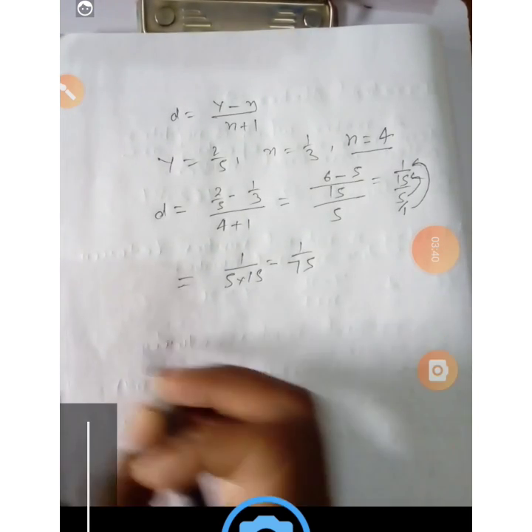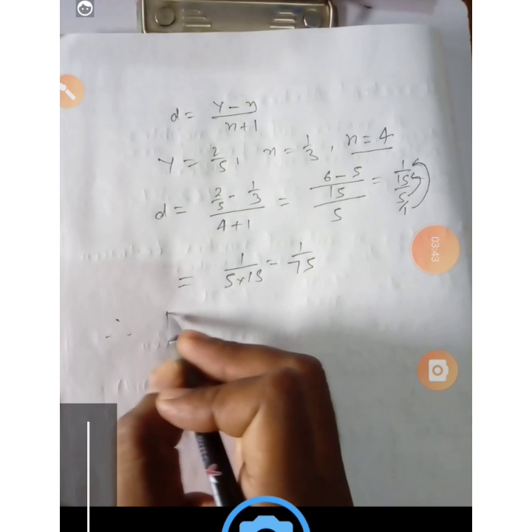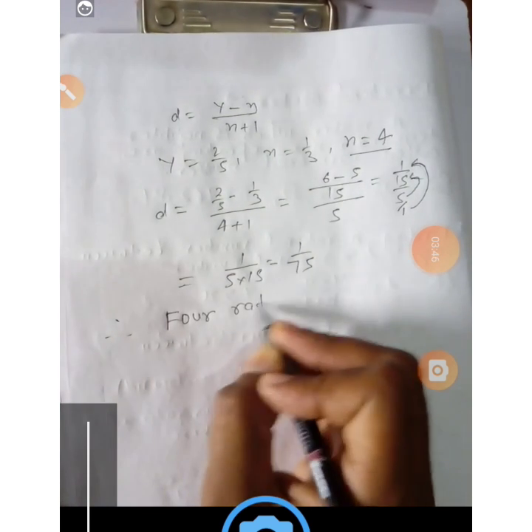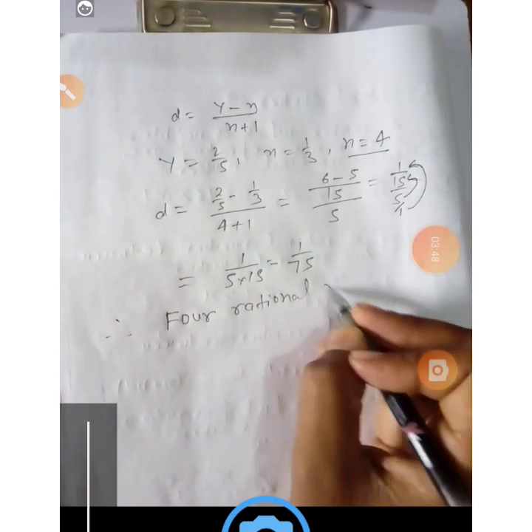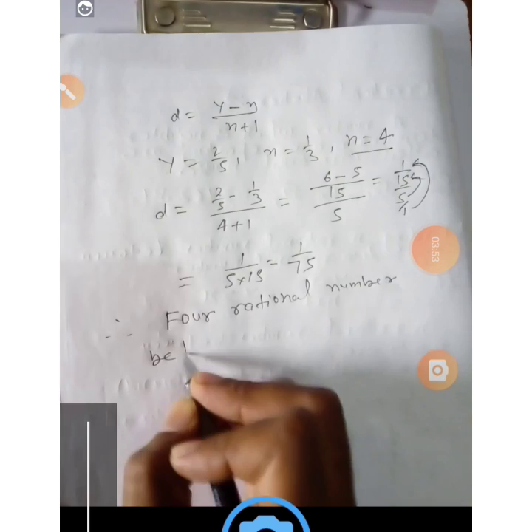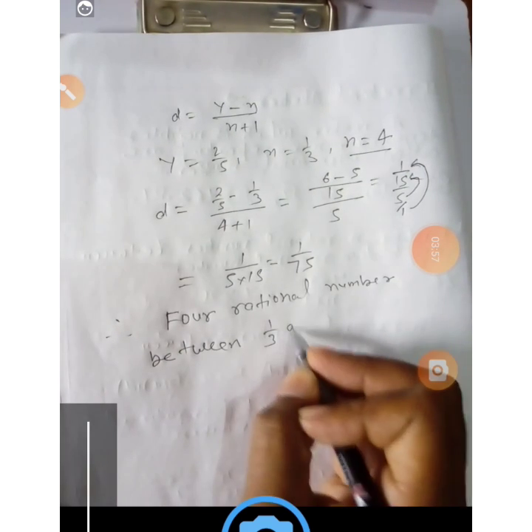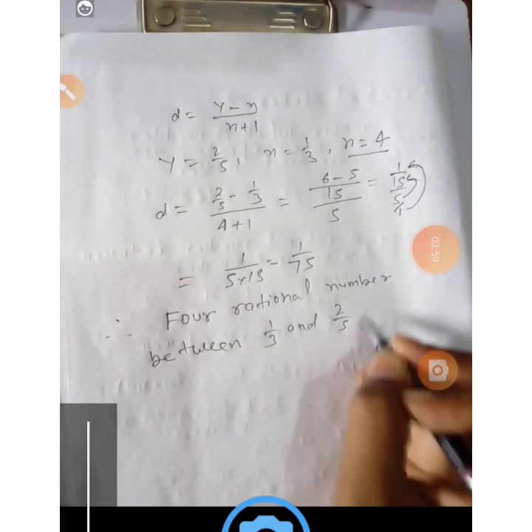After this we find the 4 rational numbers between 1 by 3 and 2 by 5.